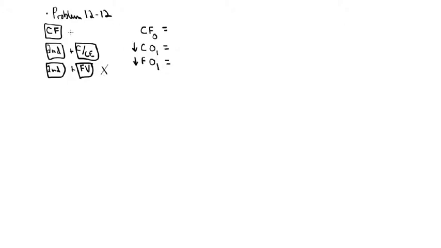Then I'd like you to find the CF button. That's right next to the second button. Push the CF button, and you'll see CF0. That's cash flow year 0, which we'll talk about in just a minute.